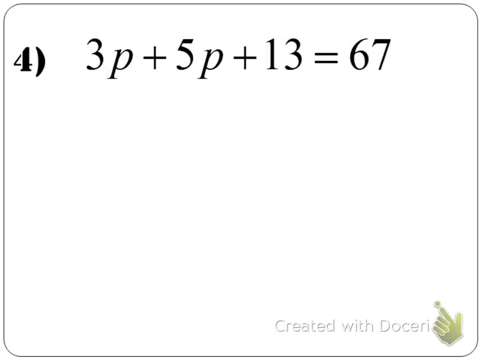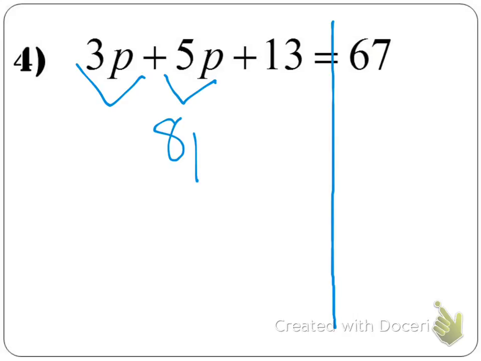All right, here's number 4. Anything we can clean up? The p's, yes. What's 3p plus 5p? 8p plus 13 equals 67.